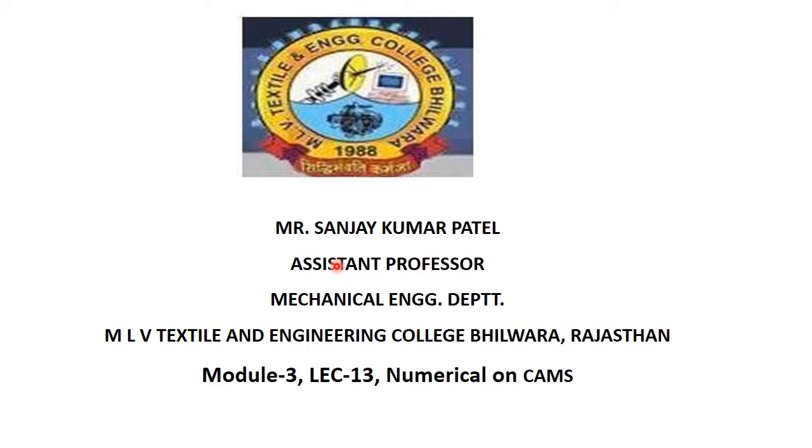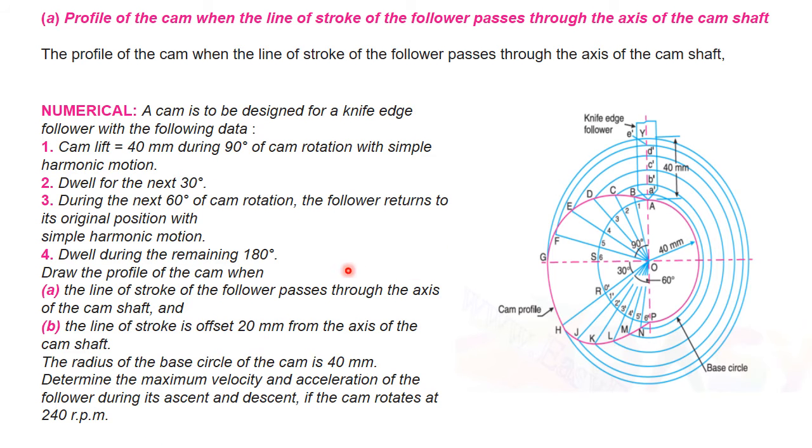Here I am going to discuss Module 3, Lecture number 13, numericals based on cams. Here we have discussed the profile of a cam when the line of stroke of the follower passes through the axis of the camshaft.